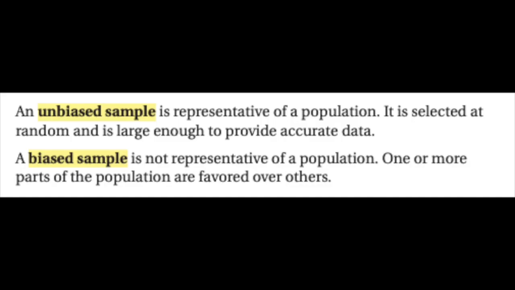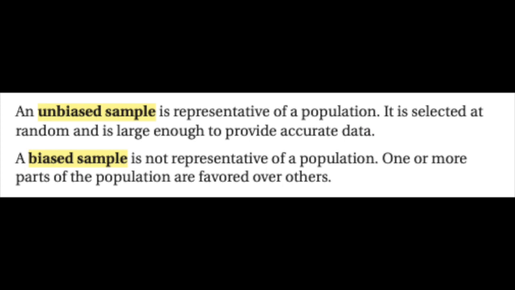We continue with key ideas on page 442, where we look at unbiased and biased. If you remember, biased shows some sort of favoritism, as unbiased does not. When we're looking at a sample, the unbiased sample is representative of a population. It is selected at random and is large enough to provide accurate data. So it can't be just one person out of 3,000, right?